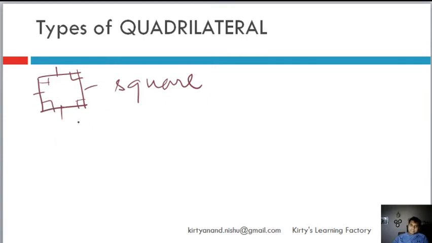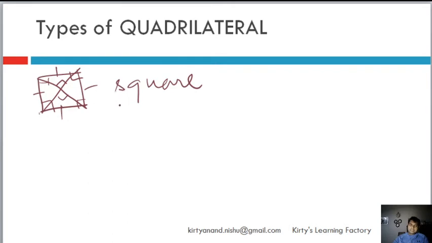The lengths of the diagonals will also be equal. So both the diagonals will be of equal length, and the diagonals will bisect each other at an angle of 90 degrees. So both the diagonals are perpendicular bisectors of each other. That is what a square is.